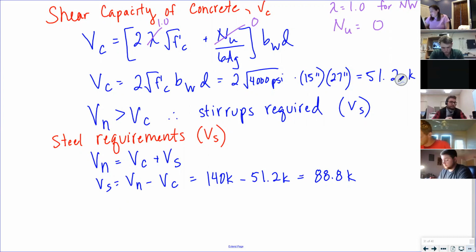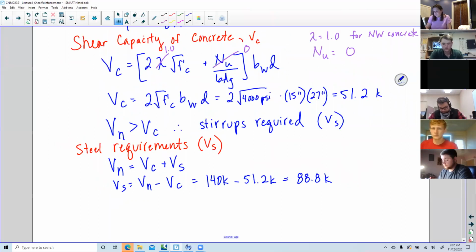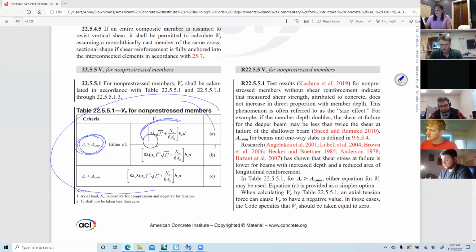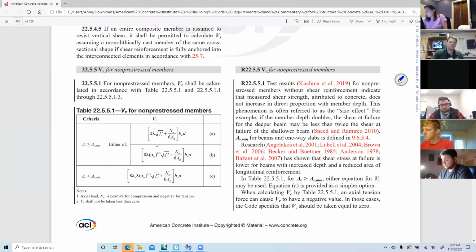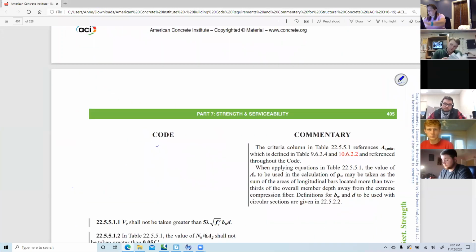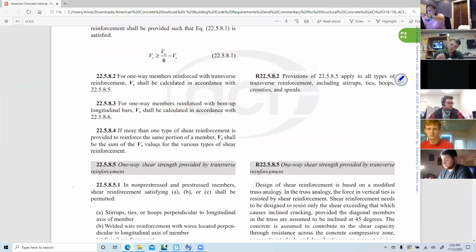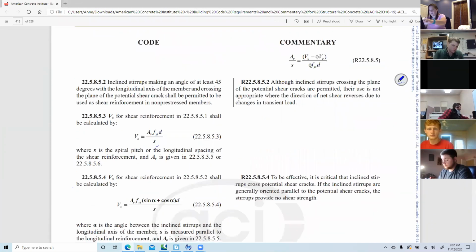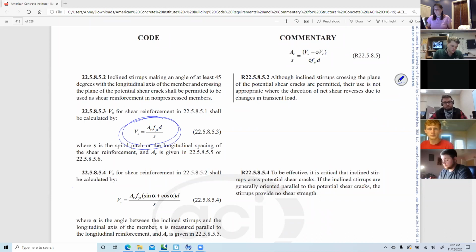If you forget where the equation for my contribution from my shear reinforcement is, it's on page 410. It's the area of the steel in shear times the yield stress of the shear reinforcement, times d, over s.